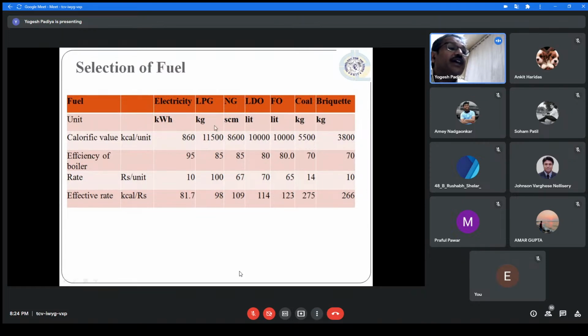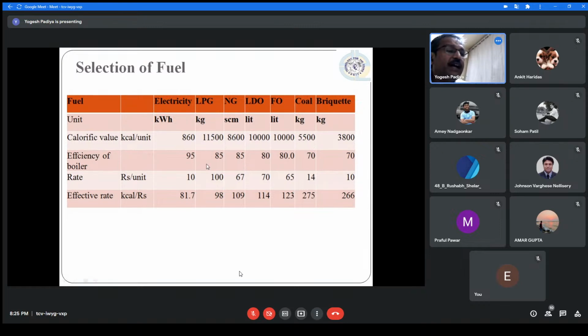Let us compare. If you use LPG, the calorific value is 11,500 kilocalorie per kg. If you burn the LPG in a burner or a boiler, the burning efficiency and the efficiency of the system may be 85%.